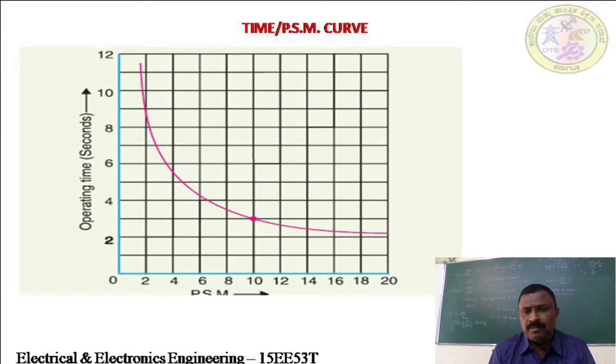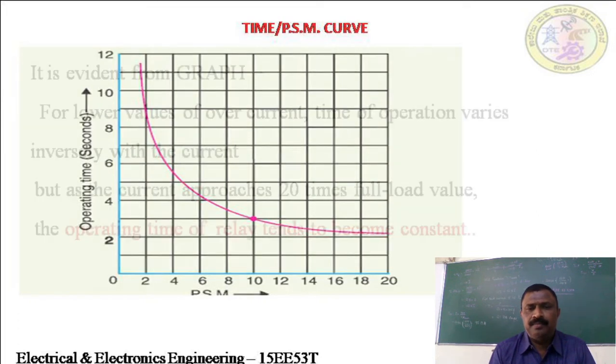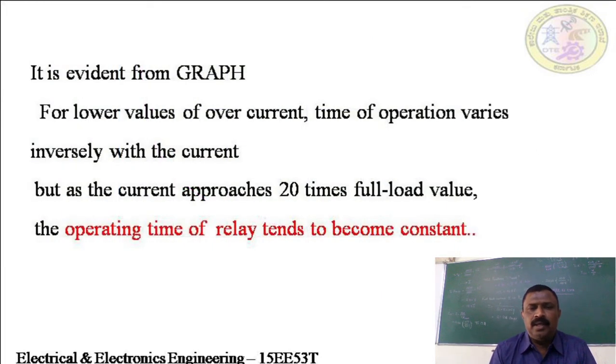This is the plug setting multiplier, and this is the operating time. The operating time is in terms of seconds, and this is the curve between time and PSM. This is evident from the curve.